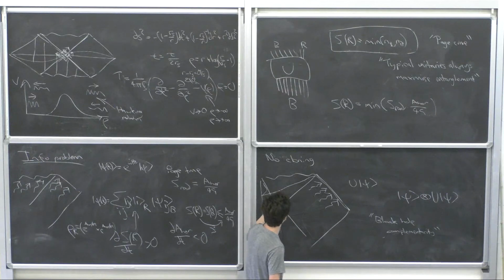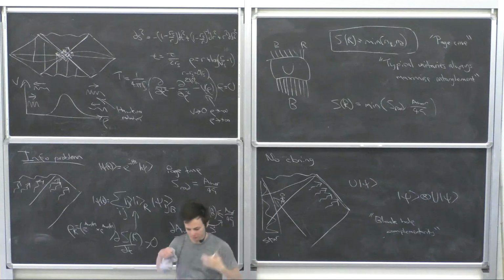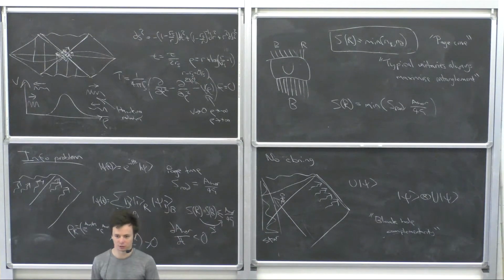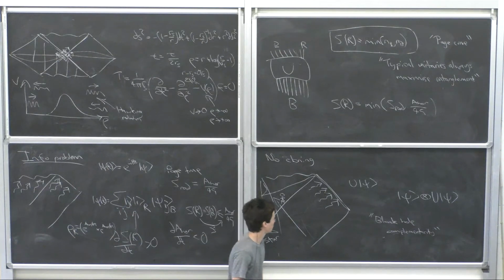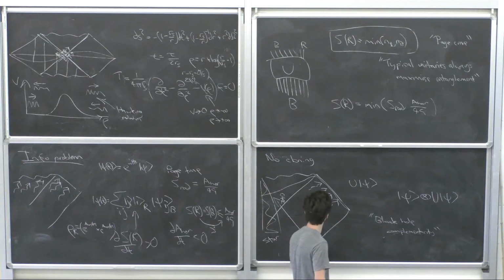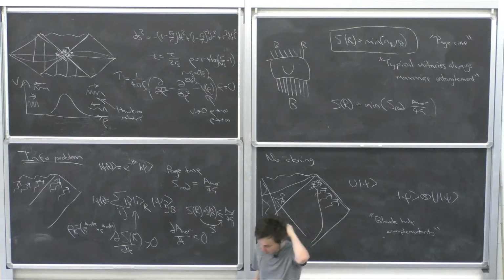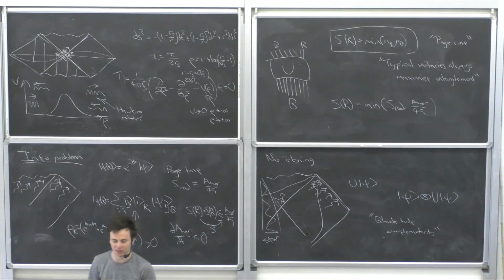So I could be person A, call it Alice, who jumps into the black hole, measures the state of the star, verifies that it's equal to psi, and so on. Bob, meanwhile, could sit out at infinity. This is Bob. And Bob can collect up all the Hawking radiation as he goes, and he can do some terribly clever measurements of it that recover the state psi.